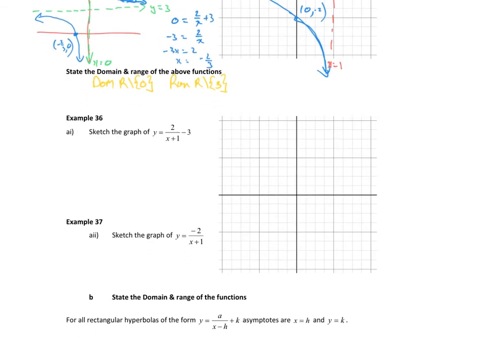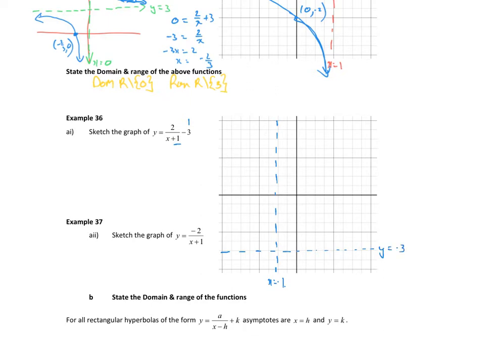So moving into our next example, we've got 1 unit left and 3 units down. Let's say 1 unit is half. So we'll call that x equals negative 1. 3 units down would be maybe here, y equals negative 3.